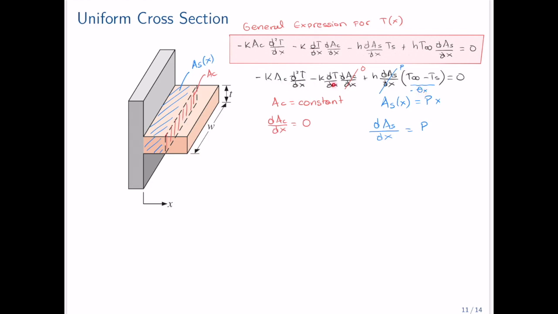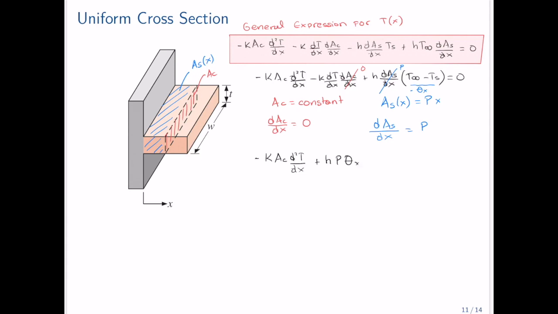So we can rewrite this expression as minus k multiplied by Ac times the second derivative of T with respect to x. The next expression is 0 plus h multiplied by p multiplied by theta of x.